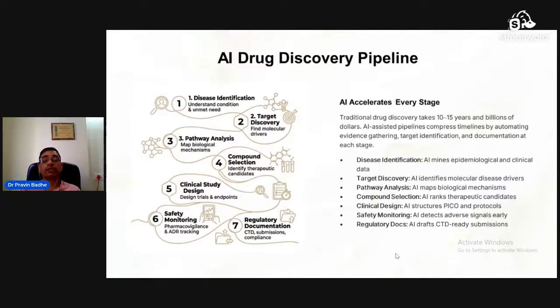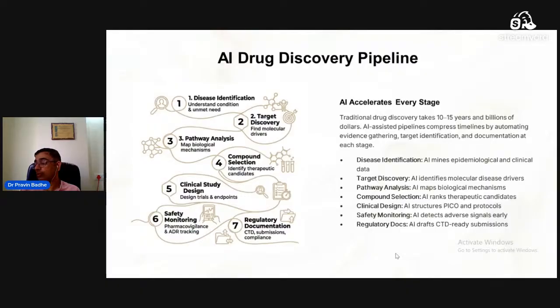Then clinical trial designing can be done by doing structured prompting, where the protocol designing, then executing the protocols, then analyzing the data and having the information which can be required for safety monitoring, regulatory, and also registering your product can now be done with the help of AI.